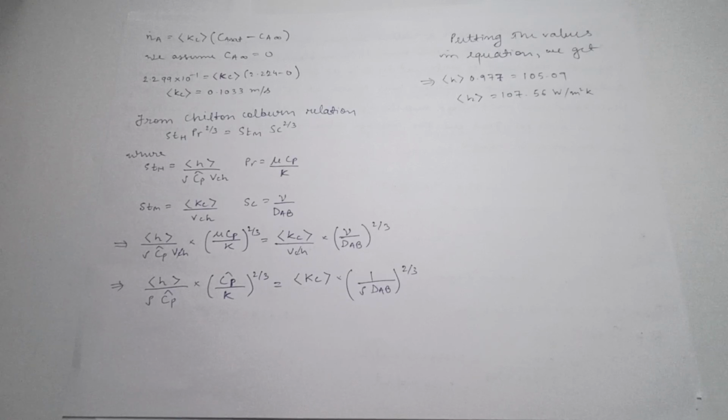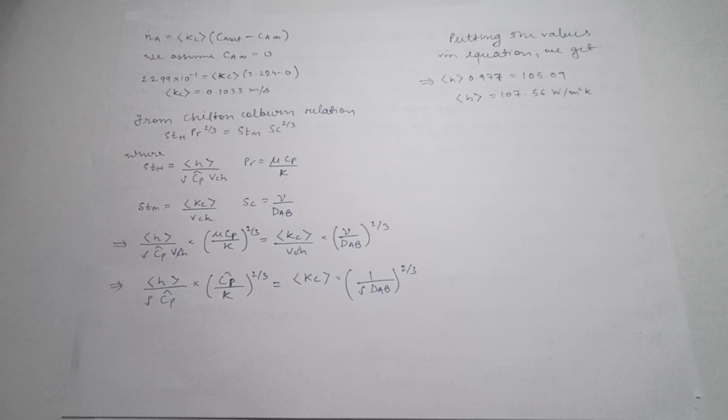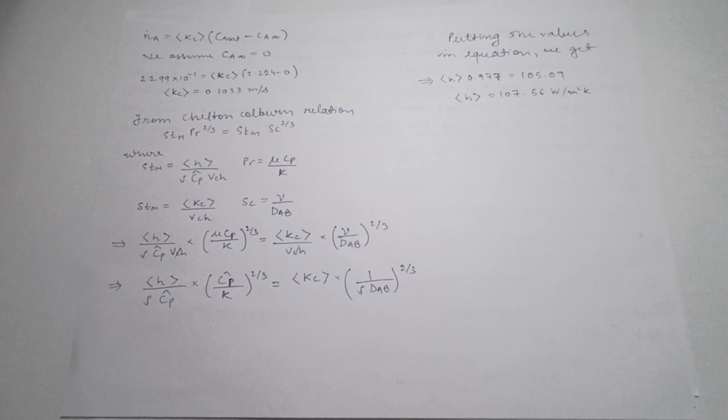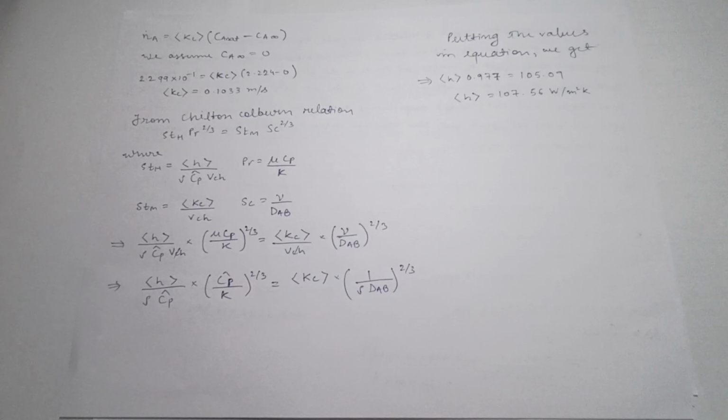0.1033 meter per second. Now we will use the Chilton-Colburn relation so that we can get our value of heat transfer coefficient from mass transfer coefficient. The Chilton-Colburn relation is given as Stanton number of heat transfer into Prandtl number to the power 2 by 3, which is equal to Stanton number of mass transfer into Schmidt number to the power 2 by 3, where the Stanton number is given as average heat transfer coefficient upon density into heat capacity into characteristic velocity.